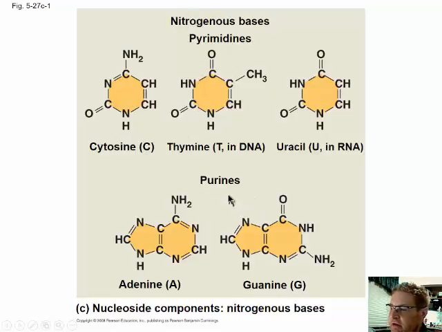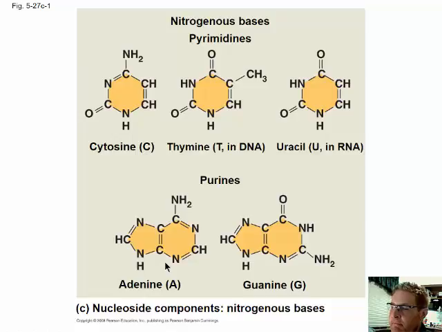Again, just a close-up of the nitrogenous bases. These are in two groups, the pyrimidines and the purines. The pyrimidines are just single ring structures, whereas the purines are 2 rings.